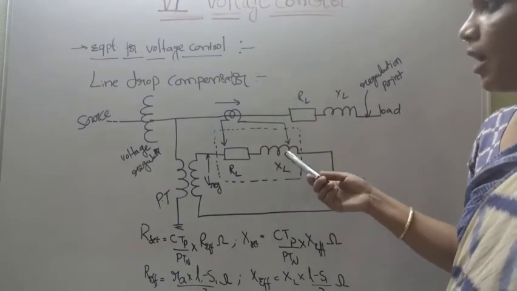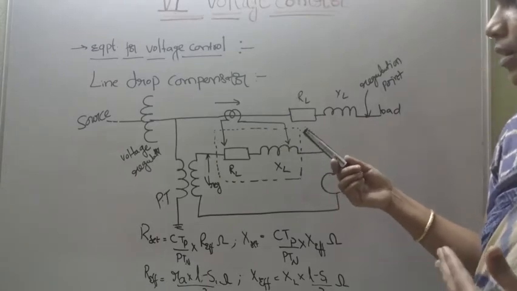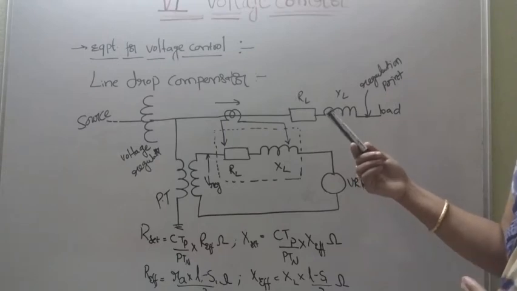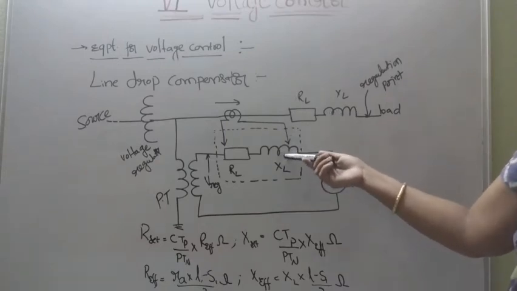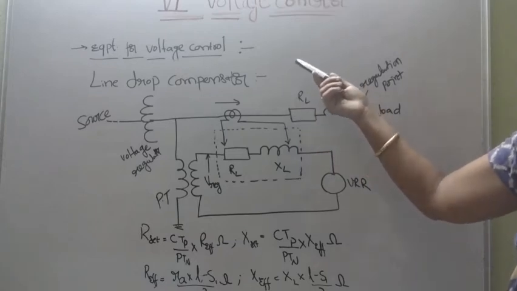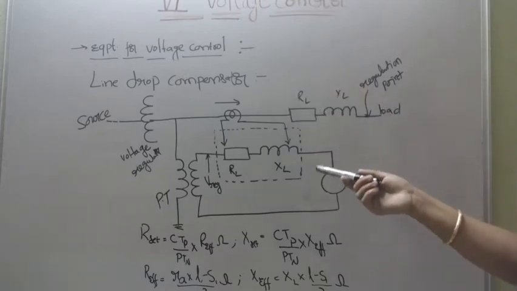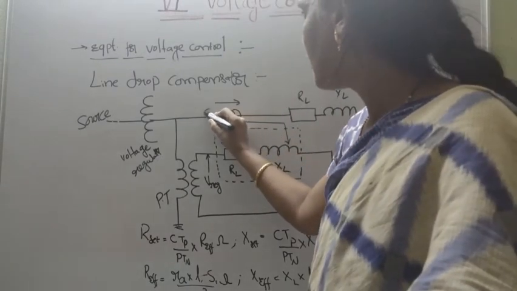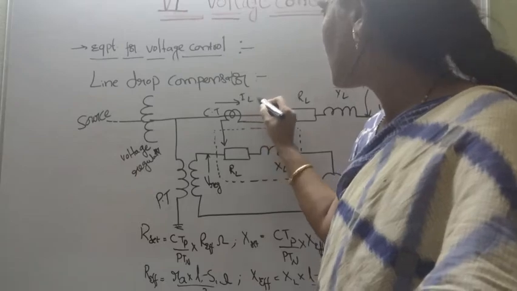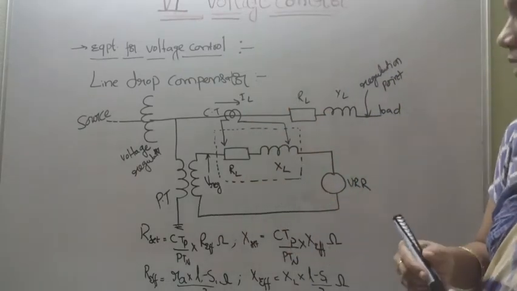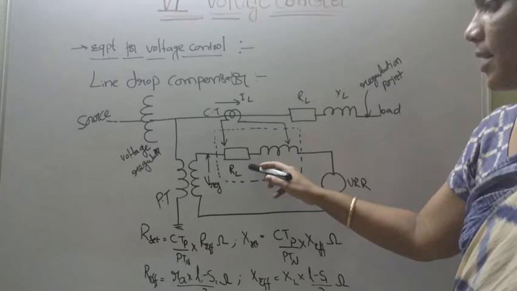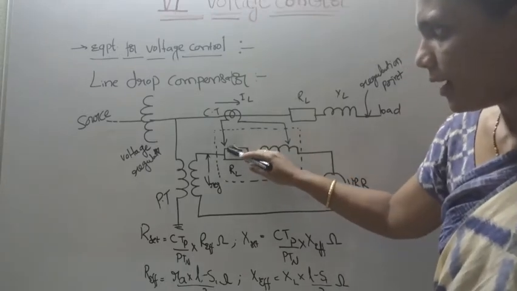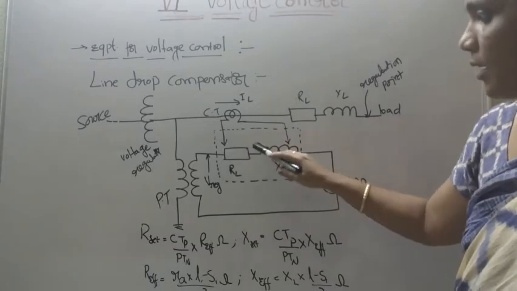Here we compensate by considering these points to get the voltage constant throughout the line. First of all, this is the CT, current transformer, and this is the PT, potential transformer. RL and XL are the setting variable dials.